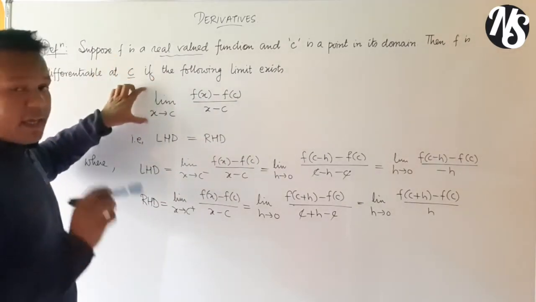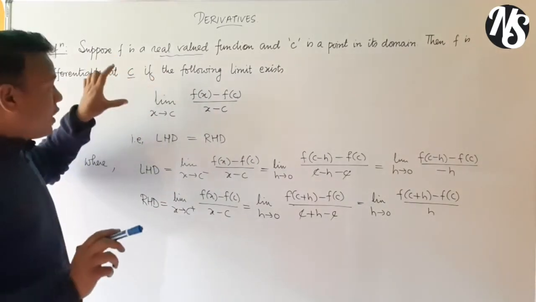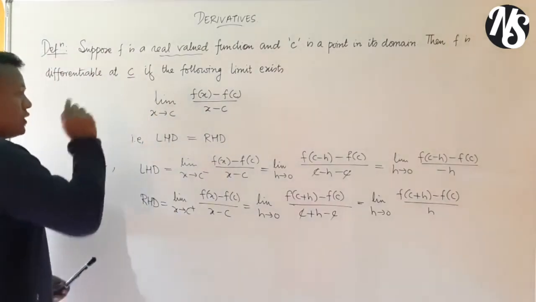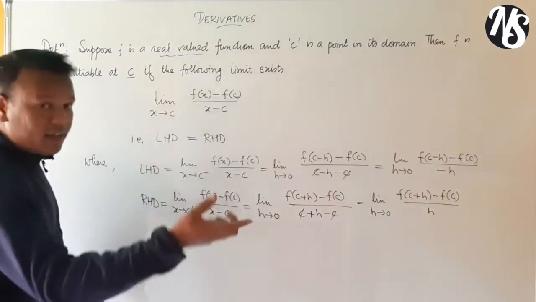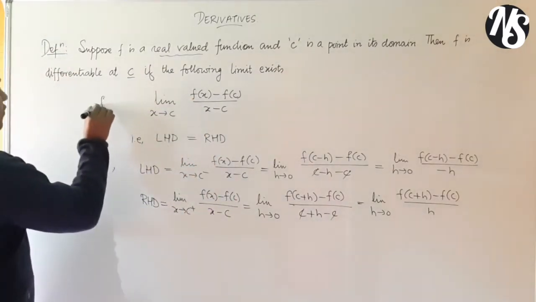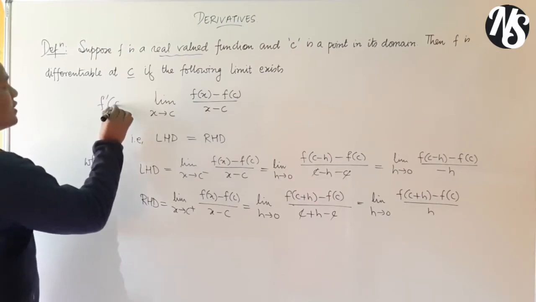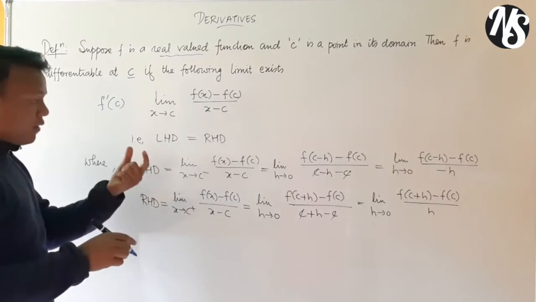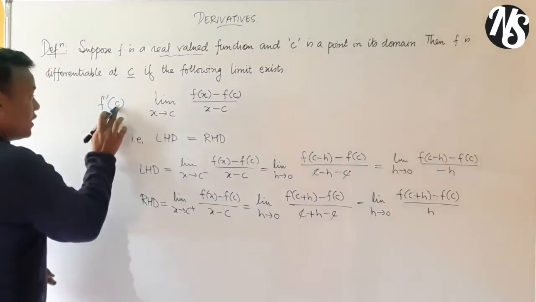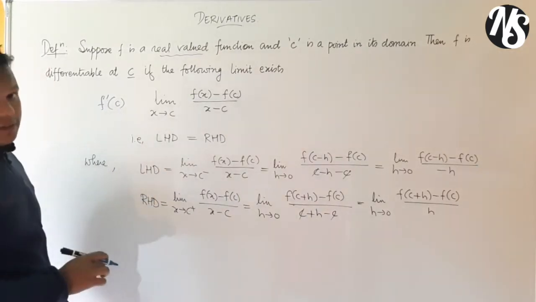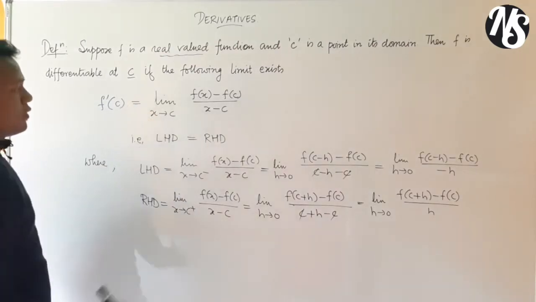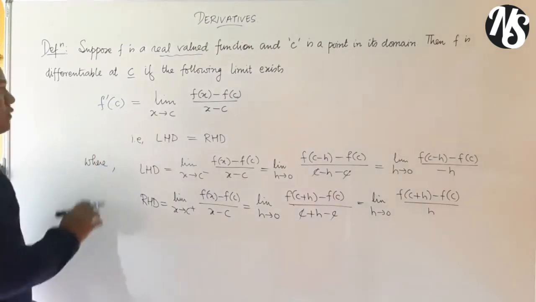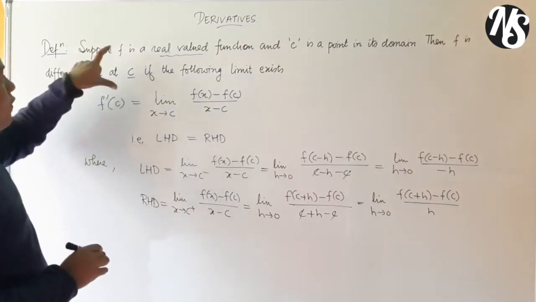Now if this limit exists, remember, if this limit exists, then we denote this limit or the derivative by f dash of c. Remember, because we are finding the derivative at point c, that's why you have to write c here. Okay, so this is your derivative. Okay, and this is in fact also known as the first principle.